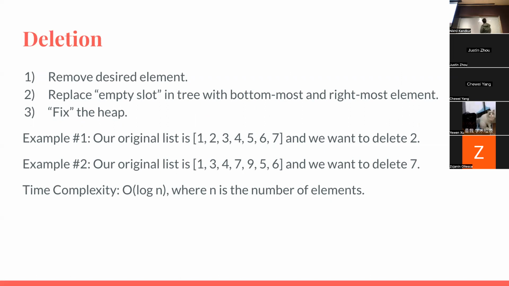So let's see what that means. So this example here is a very straightforward 1, 2, 3, 4, 5, 6, and 7. So if I wanted to delete 2, I delete 2, and I replace that with the bottommost and rightmost element, which in this case here is 7. So 7 goes here.